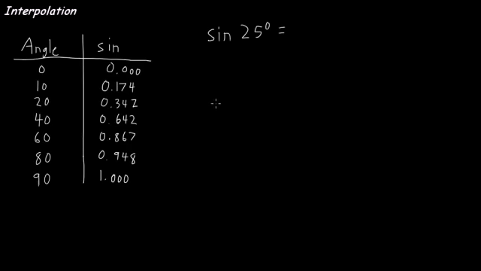Now, we limit ourselves to a type of interpolation called linear interpolation. Let me give you an idea of what that means. First, I'm going to draw a graph of what the sine curve looks like.